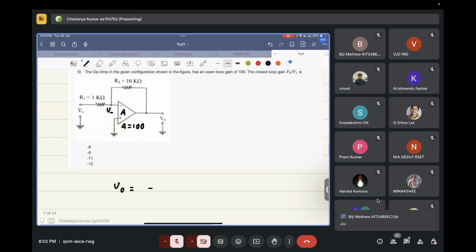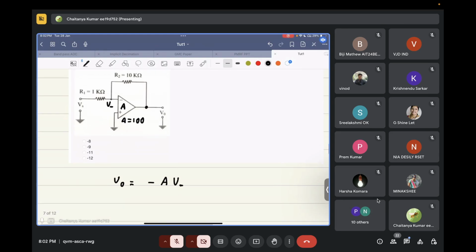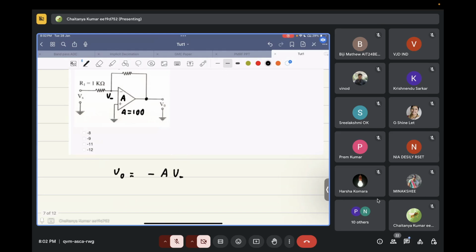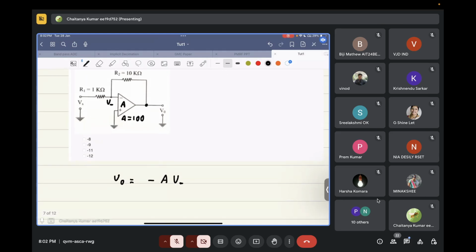Minus A V minus. Thank you. Minus A V minus will be my output voltage. Now, if this voltage is minus of A V minus, so now what can I write? Can I write V minus in terms of Vs and V out?